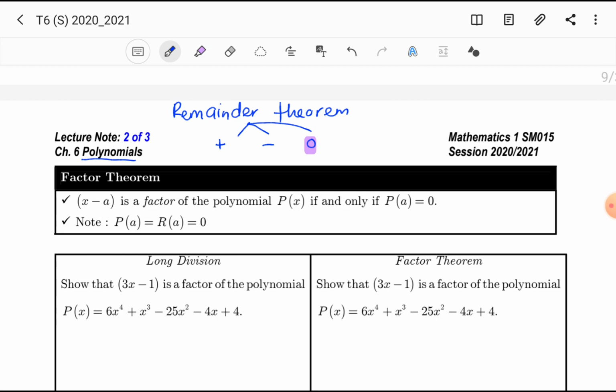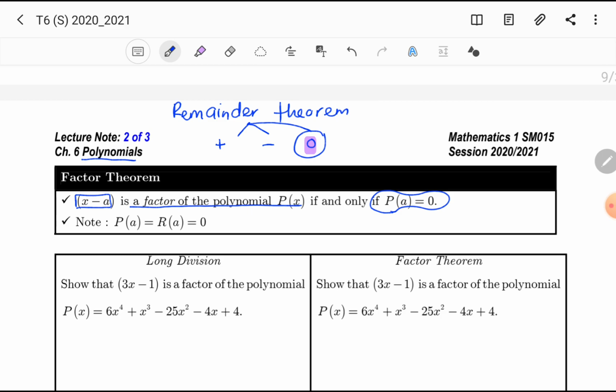Okay, the polynomial is exactly divisible by the divisor. Okay, so we get remainder is 0. So when the polynomial is exactly divisible by the divisor, or the remainder is 0, we can say that x minus a, the divisor, is a factor of the polynomial.